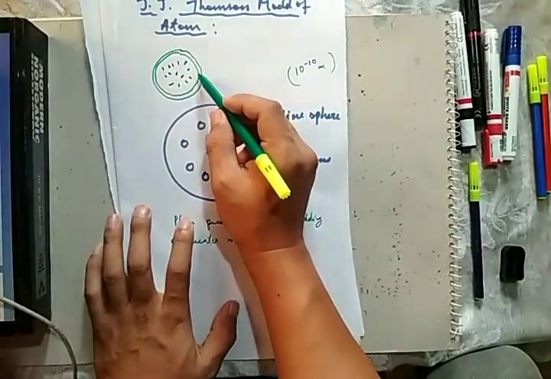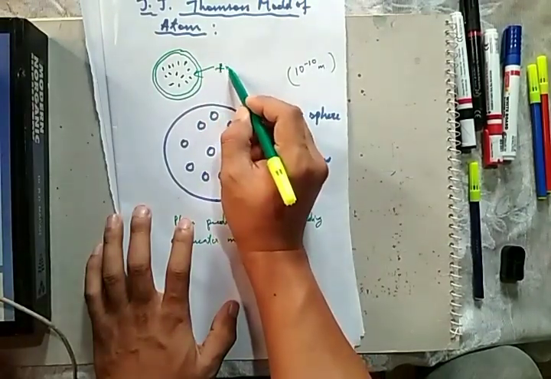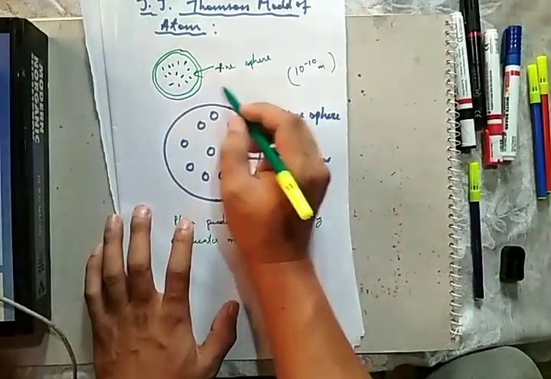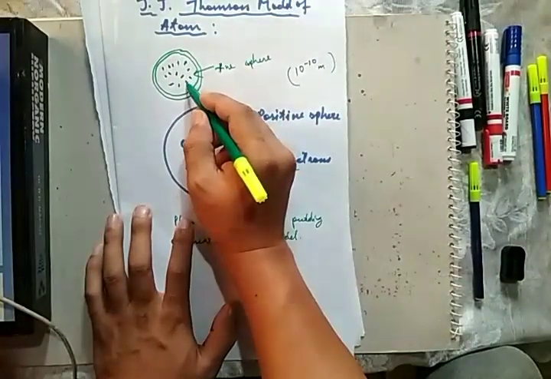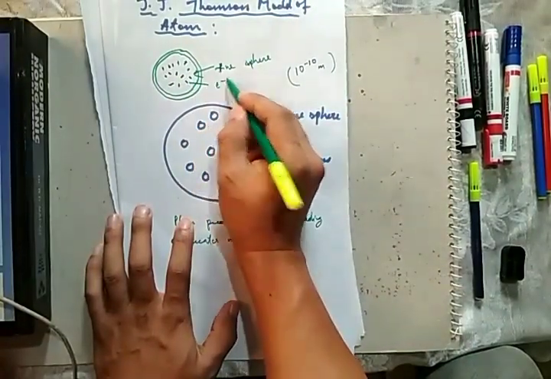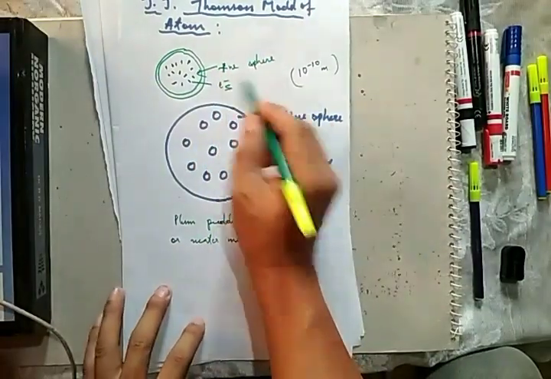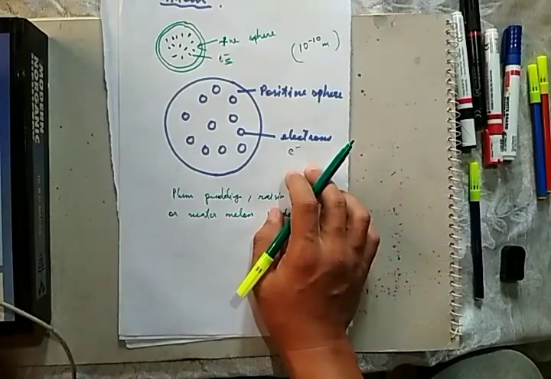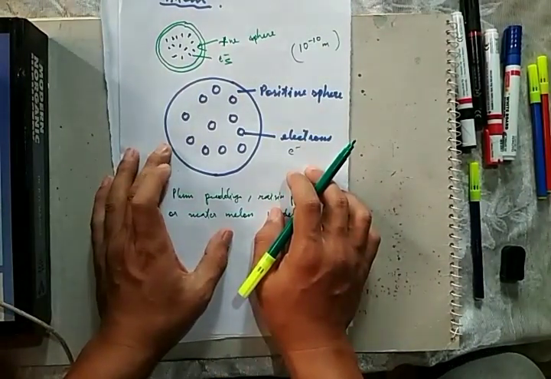So let's just consider this is a positive sphere uniformly distributed, and these seeds are electrons. For easy understanding you can consider it like that. So this theory was able to explain the overall neutrality of the atom.